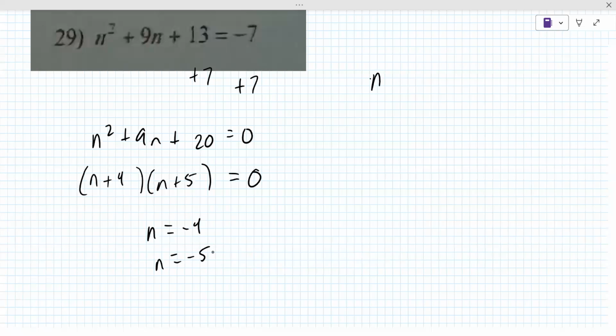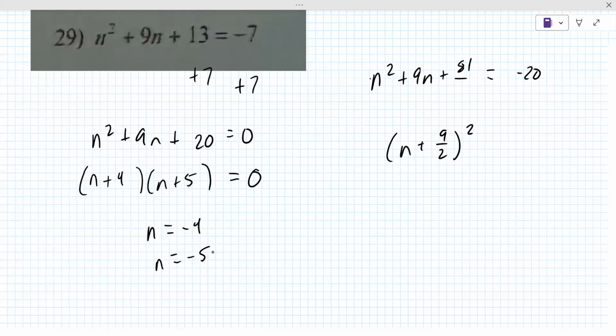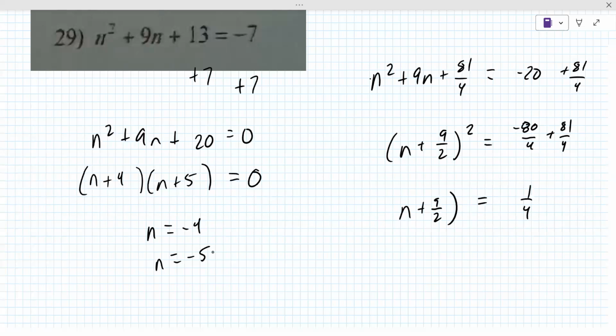If you did want to complete the square, which we can do, it becomes n plus 9 over 2 squared. And then this becomes 81 over 4, minus 80 over 4 plus 81 over 4, which is 1 over 4. You have to take the square root of both sides.